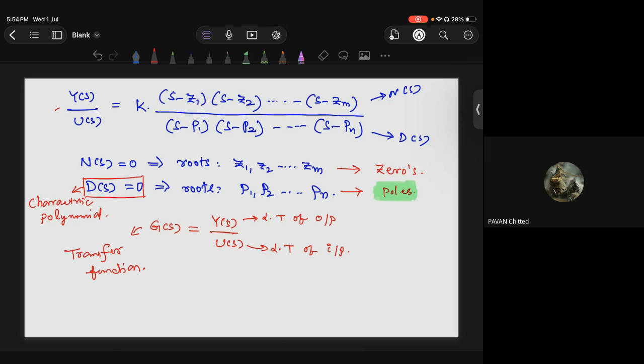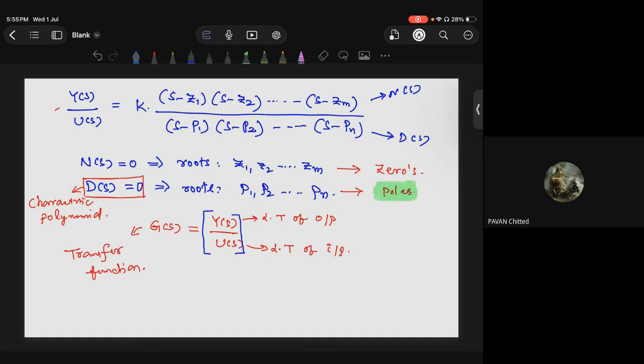What is the definition of transfer function? The definition is the ratio of the Laplace transform of output to the Laplace transform of input. Is that it? Not exactly. There is one assumption we took. What is that assumption?